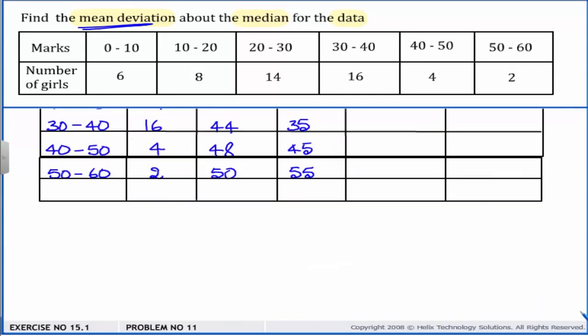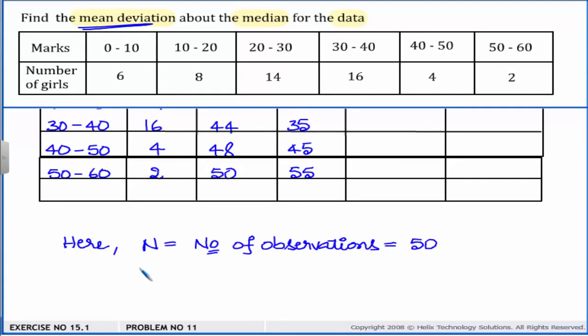Here we have capital N is equal to number of observations is equal to 50, as you can see here, which is even. Implies we have n by 2 is equal to 50 by 2 is equal to 25.